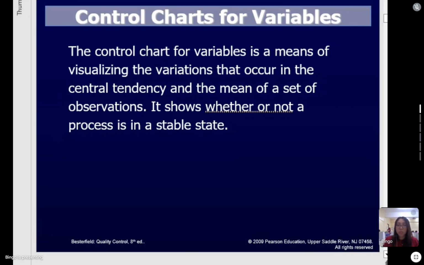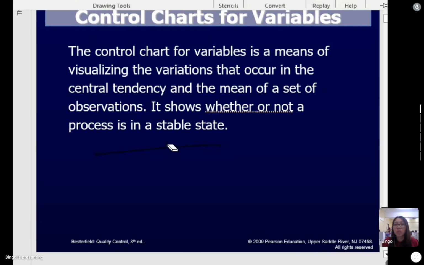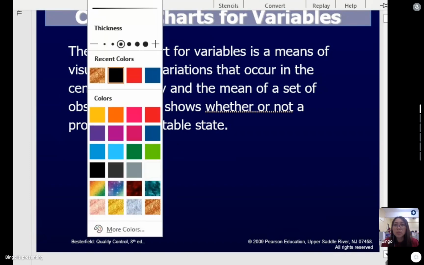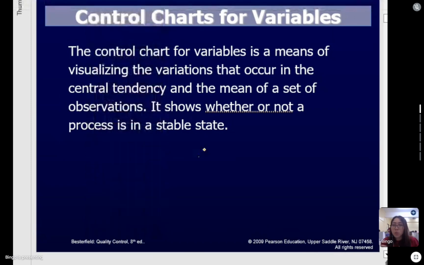Ayan. So say for example, ay hindi pala, pangit ang kulay. Ulit, bra. Color should be visible. So let's have this one. Okay. Yan. So it shows whether or not a process in a stable state.